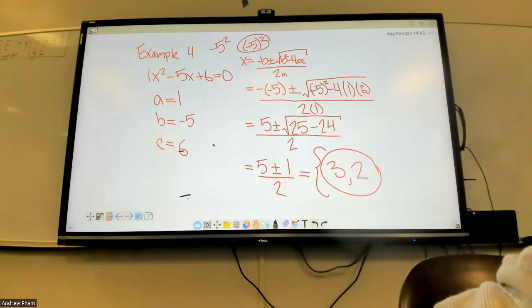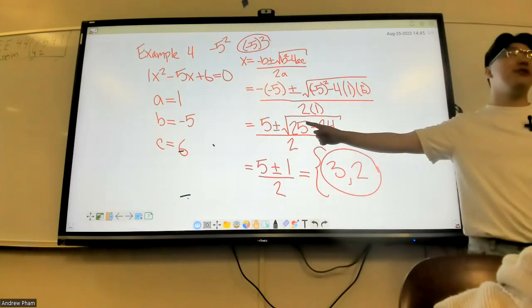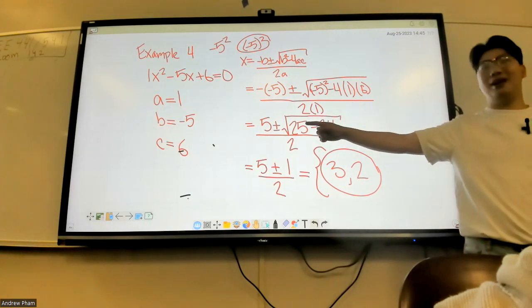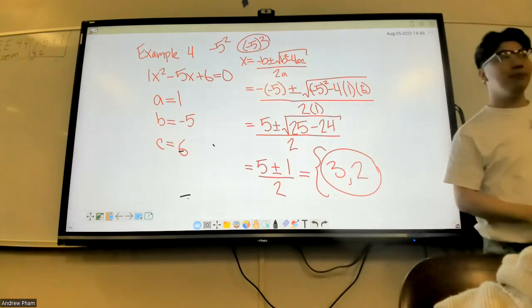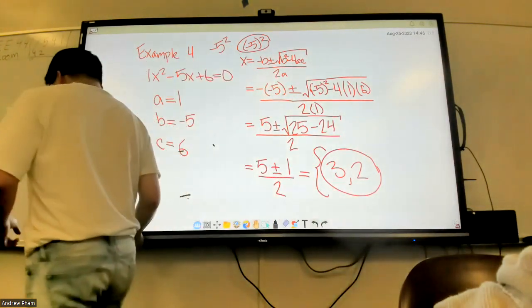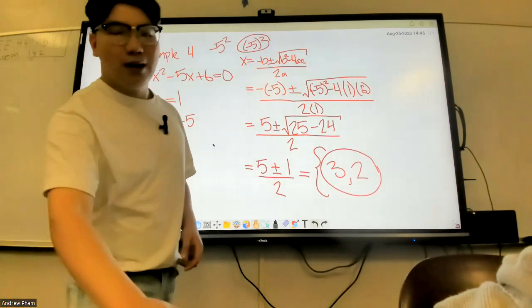We're not going to worry about that method. Next time, we're going to talk about what happens if there's a negative underneath the square root. We're going to be introduced very briefly to what is an imaginary number and how does it relate to the quadratic formula. But besides that, that's all for today.